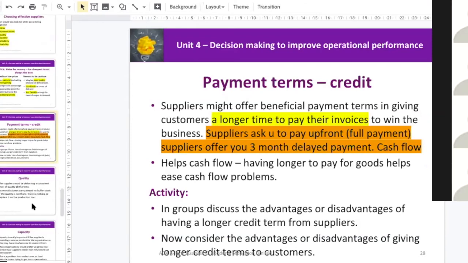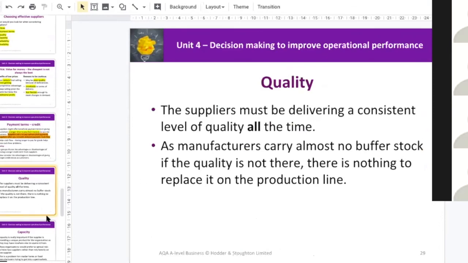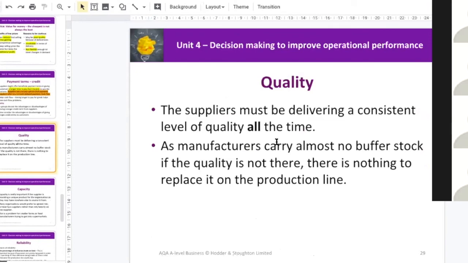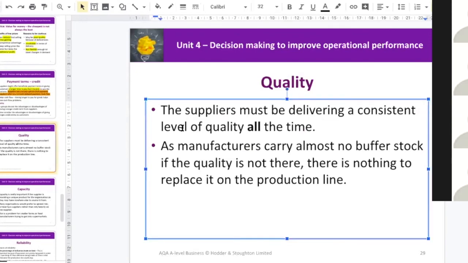Okay, number 3. Okay, guys, I've got a few more slides. I'm going to run over all the key points here. So for quality, all the supplies you're choosing must make sure there is a consistent level of quality at all time.